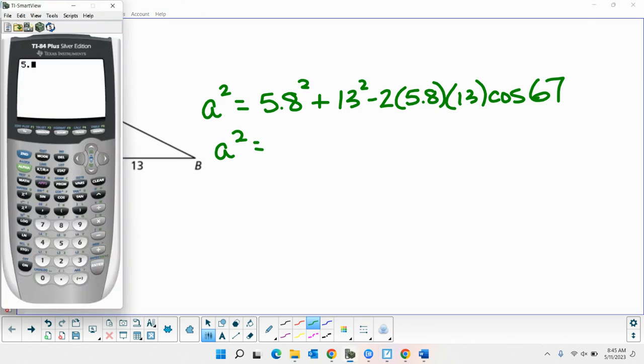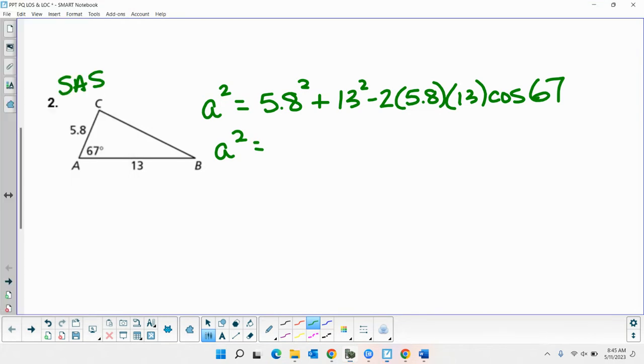So 5.8 squared plus 13 squared minus 2 times 5.8 times 13 times cosine 67. So I always like to check, make sure I put everything in right. It's always minus 2, right? Hit enter. And it's 143.7.